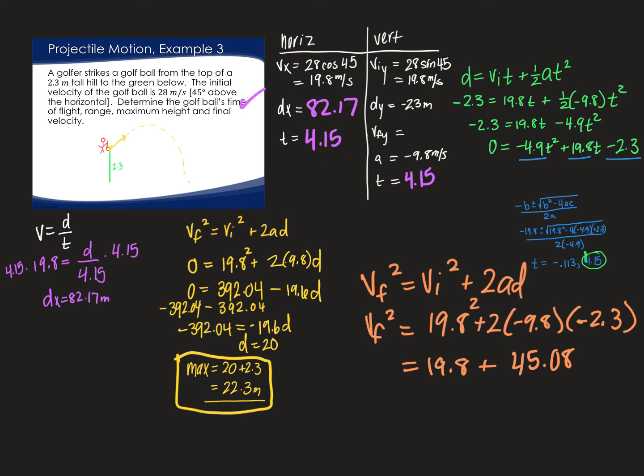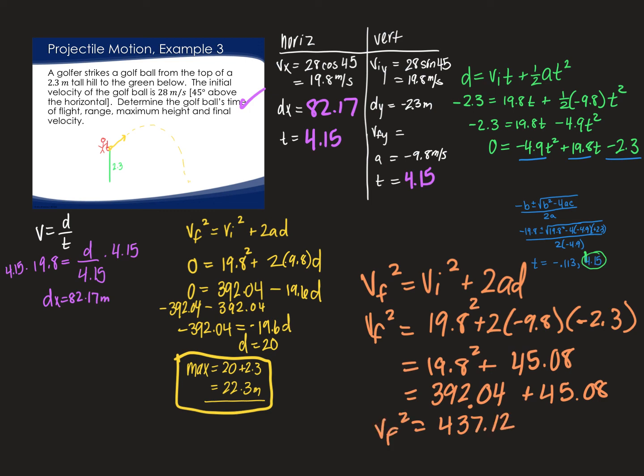Oh, 19. I keep forgetting that squared, y'all. So 437.12 is VF squared.